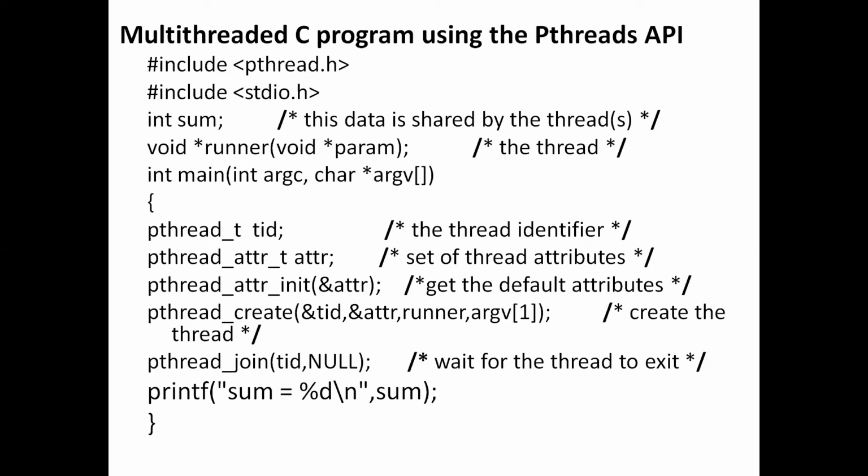Here we are including the header file pthread.h, which consists of all thread-related types, libraries, procedures and constants that we are going to use.